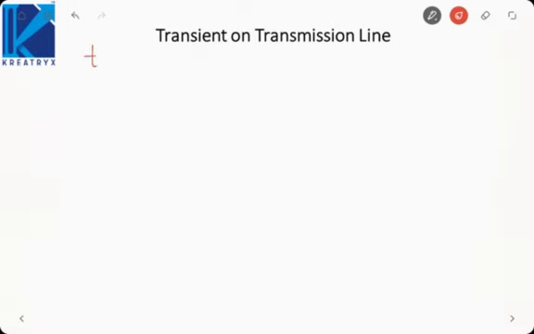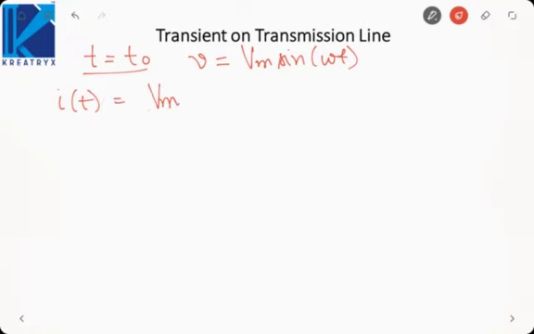Okay, fault is occurring at t is equal to t naught. Let me assume the voltage is just Vm sin omega t. Now current will have the same equation, Vm by mod Z sin omega t minus theta, let us say, plus I0 e raised power minus t by tau.